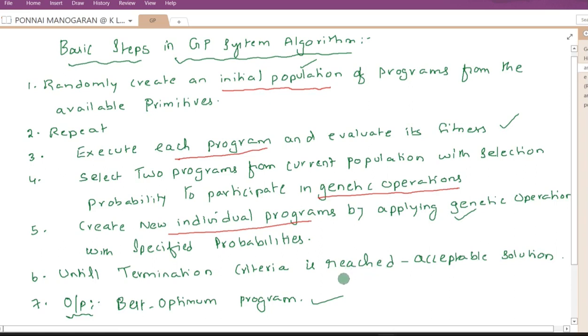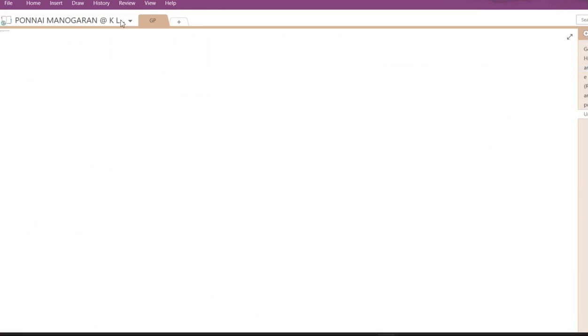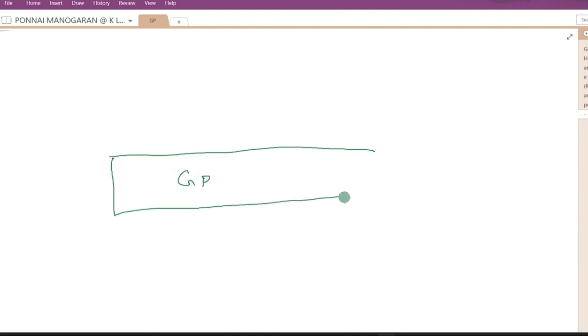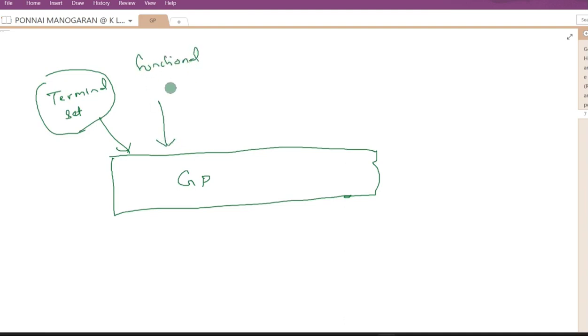So in short, I will draw a rough diagram so that you will understand in a simpler way. It's very simple. You can have some diagram like this. Let us assume this is GP, genetic programming, and for this you need to supply the terminal set, that means a set of terminal symbols, and then you need to specify the functional set. What are the mathematical functions required for your application program, and what is the fitness measure?